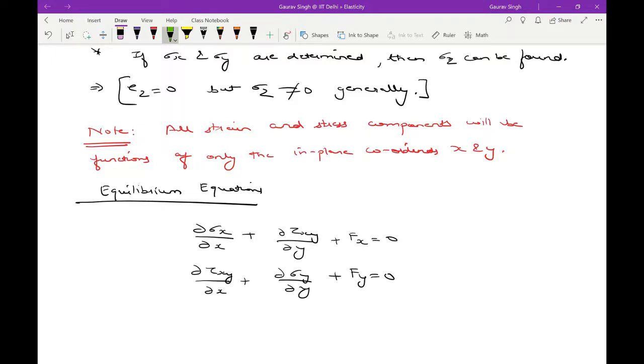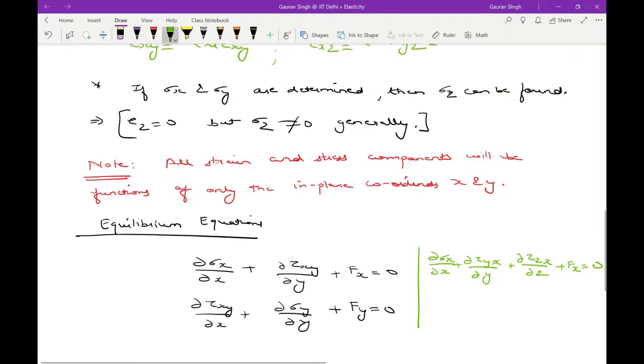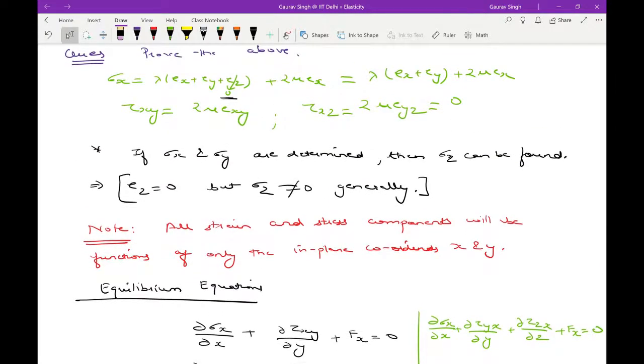Okay, so let's see. Dou sigma x by dou x plus dou tau yx by dou y plus dou tau zx by dou z plus fx is equal to 0. So dou sigma x by dou x will remain as it is because sigma x clearly is having this value over here.